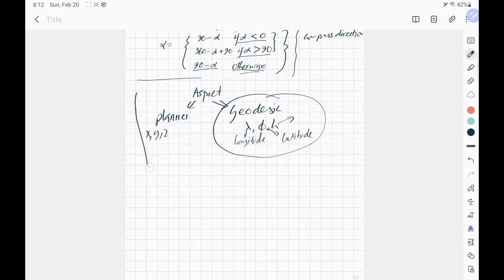This change appeared in the new ArcGIS, in which they have included calculating aspect directly from geodesic, in which basically you calculate slope from geodesic. And in planar the formula for aspect is the same as we have discussed above, but the slope is changed.